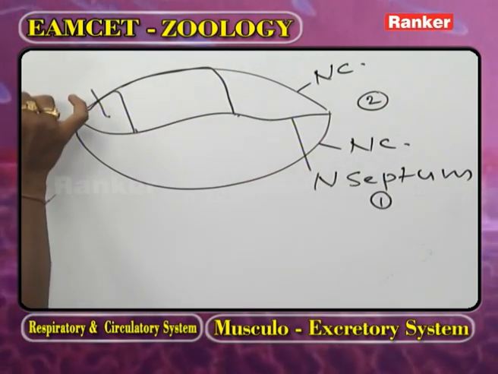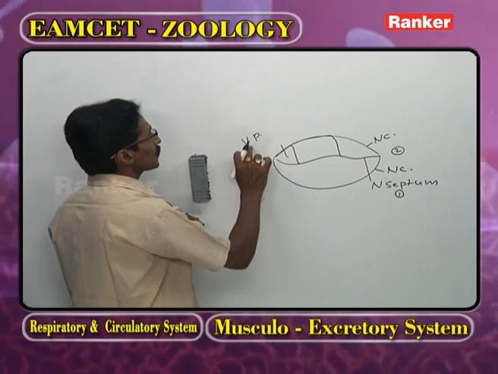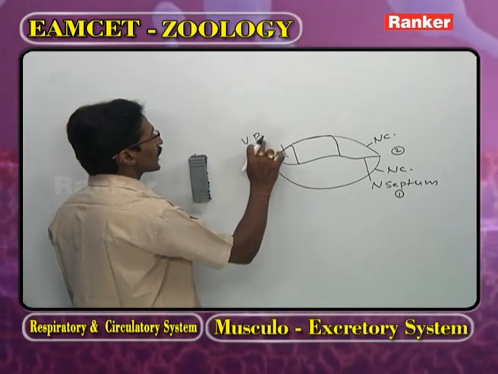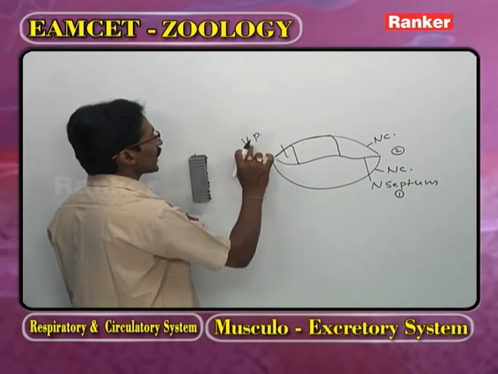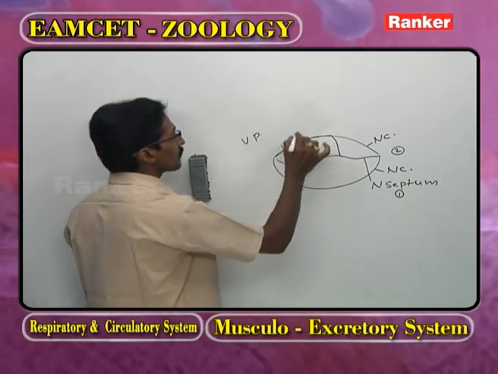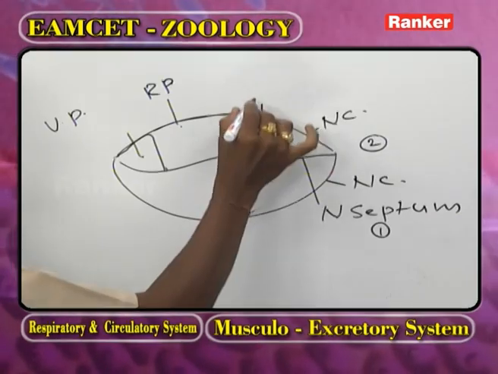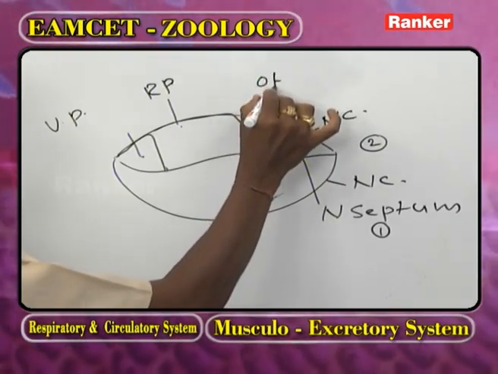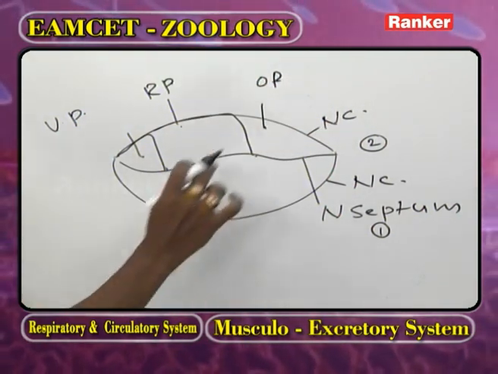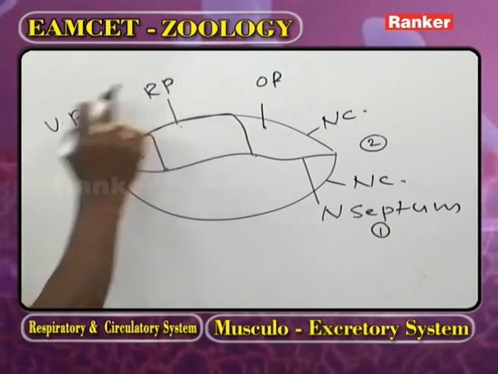This is called vestibular part. Students, we know very well the name of the parts, so I am writing in short words. This is vestibular part, this is respiratory part, this is olfactory part. In these 3 parts, which is the largest?